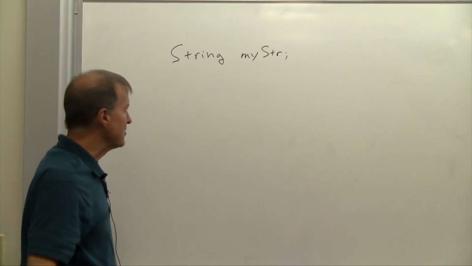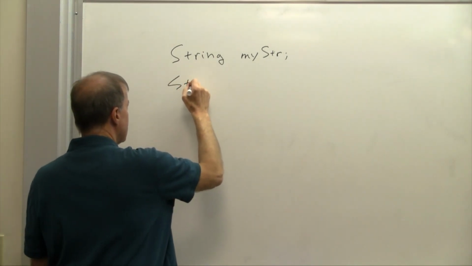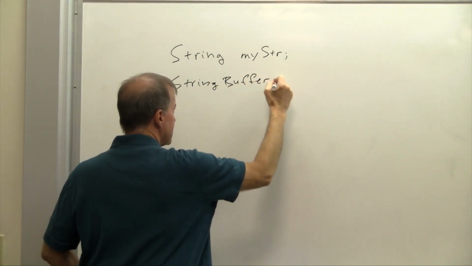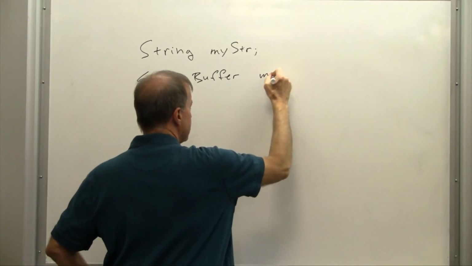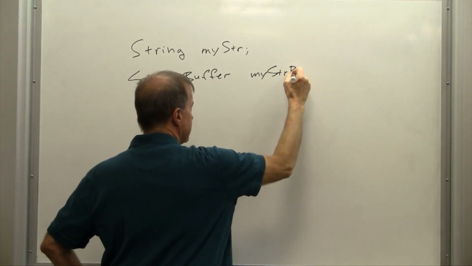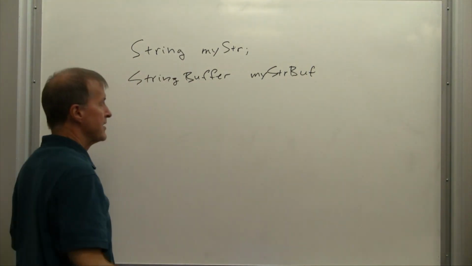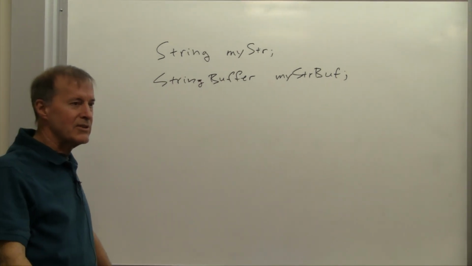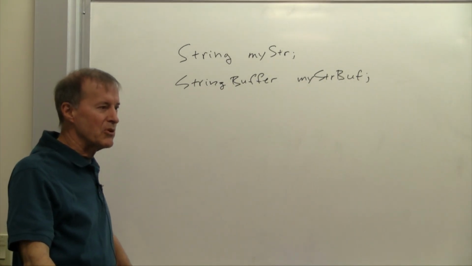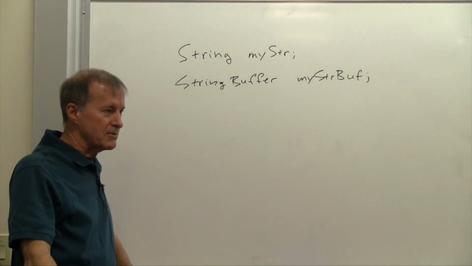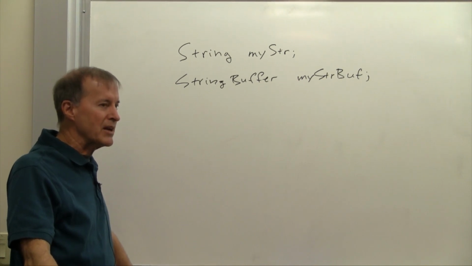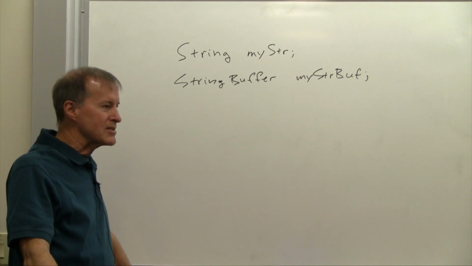And suppose we have another one of type StringBuffer, and it's myStringBuff. Obviously the answer is obvious, but is this one mutable or immutable? It's mutable, right? And I just want to point out one more thing.